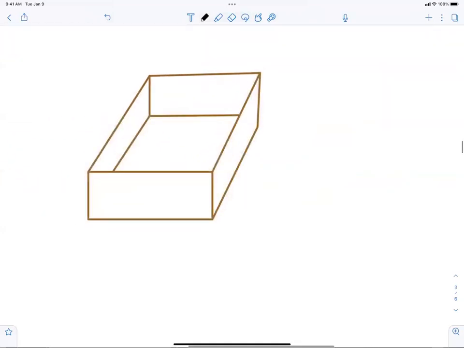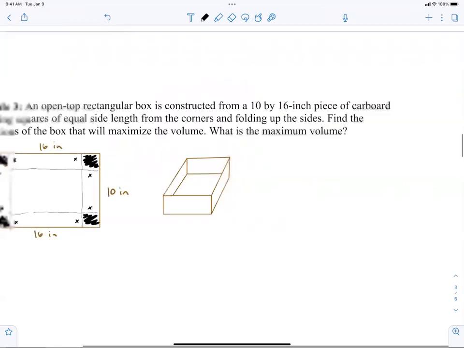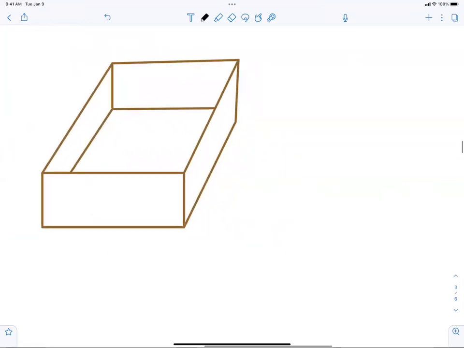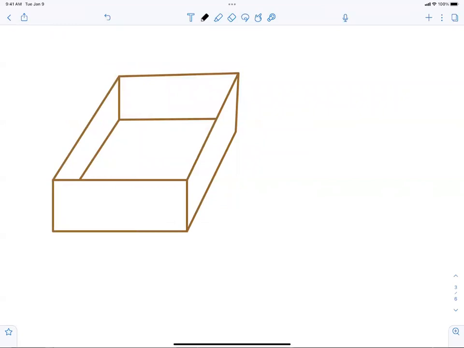We would determine the dimensions of the box that would maximize the volume. So based on the picture we started with, what would the height of the box be? x. 10 minus 2x would be the width. And then 16 minus 2x would be the length.